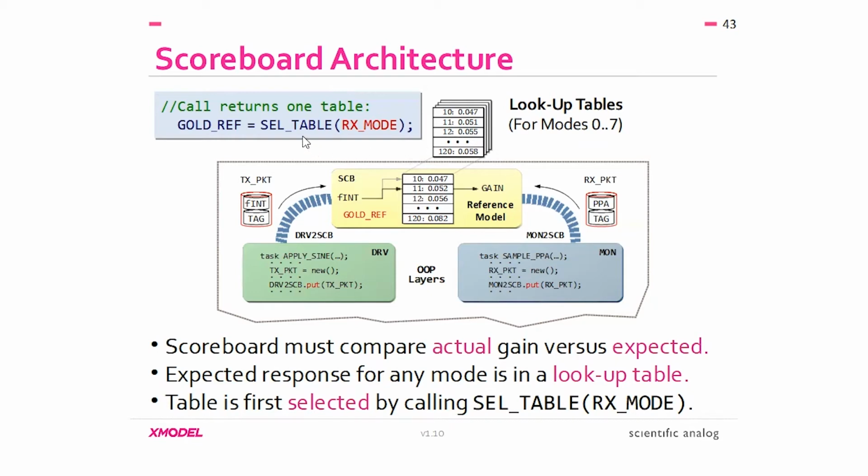So the scoreboard will call a function selectTable based on the current mode and return the correct lookup table, one of the 8, into a scoreboard variable named goldref. That's goldref singular.